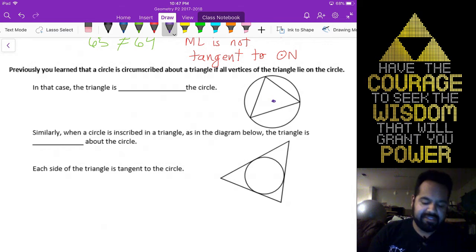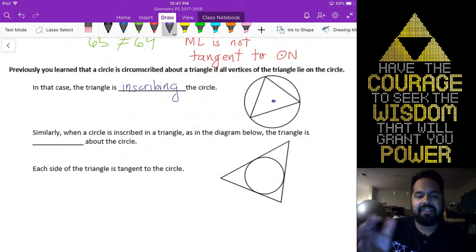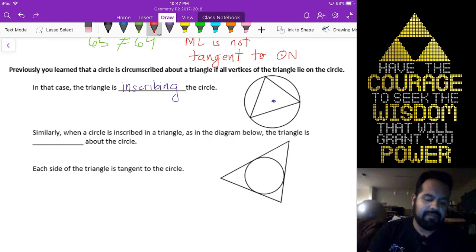The triangle is inscribed in the circle. Now, the opposite is when the circle is inside of the triangle, we say the triangle is circumscribed about the circle.